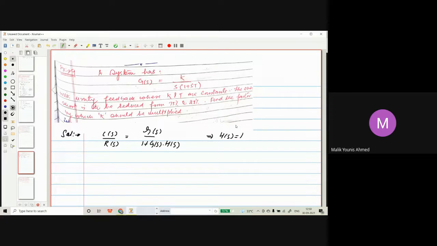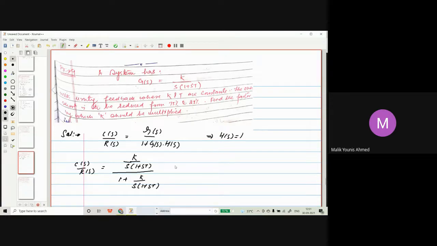Okay, then I need to find C of S by R of S. C of S by R of S is K divided by S into 1 plus ST, whole divided by 1 plus K by S into 1 plus ST.